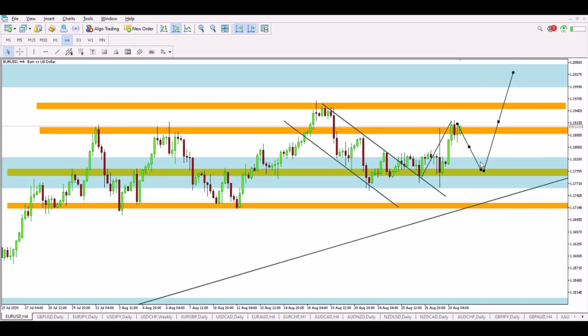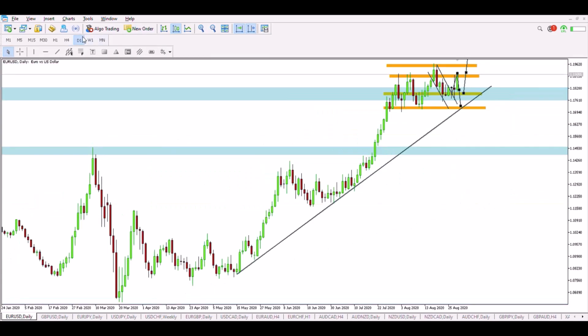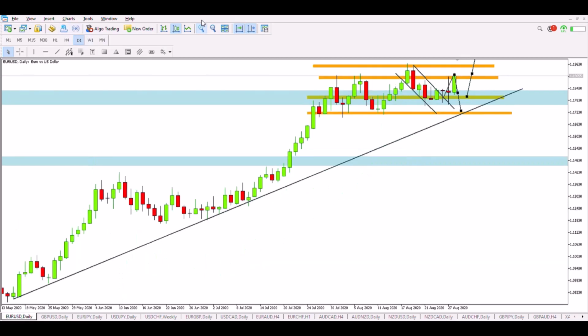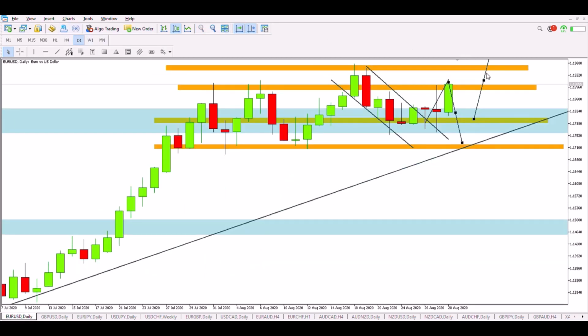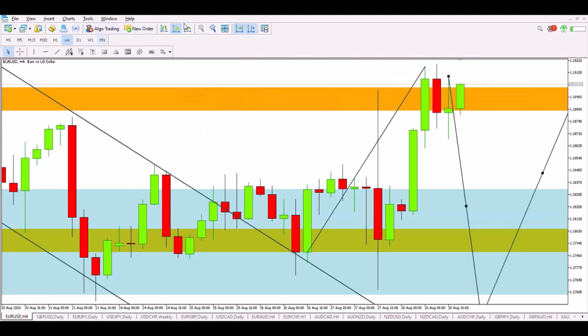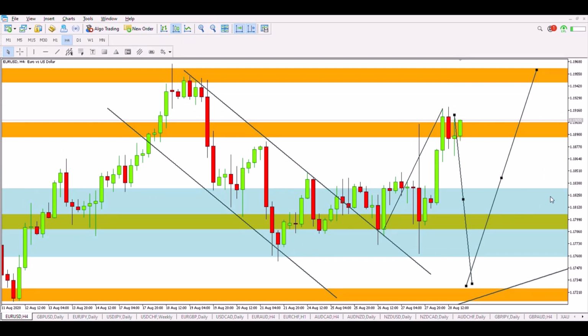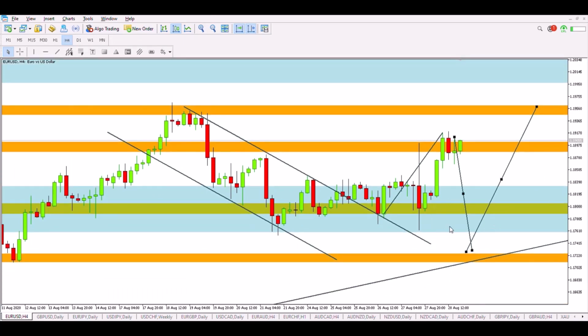Of course, it's possible to draw a little bit lower to the daily trend line right here, and from there to look for buy signals and buy opportunities based on 4-hour candles, patterns, or something else which will tell us.